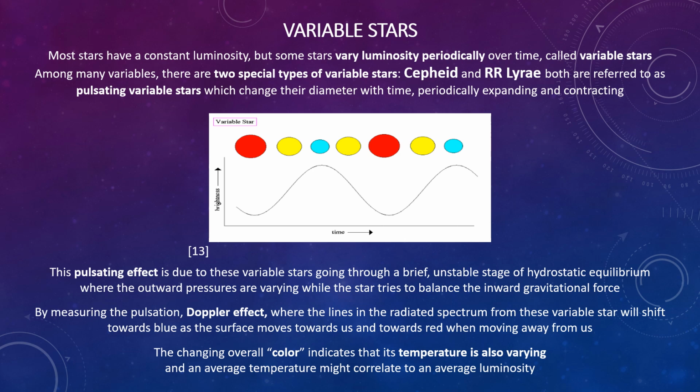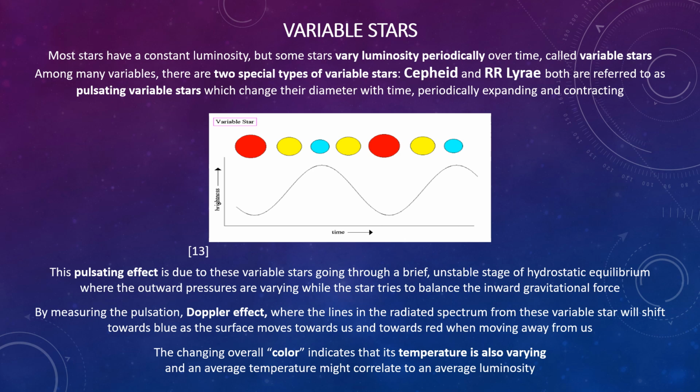And these are our variable stars. Among these many variables, there are two special types of variable stars: Cepheid variables and RR Lyrae variables, both of which are referred to as pulsating variable types because they change their diameter with time because they are periodically expanding and contracting.